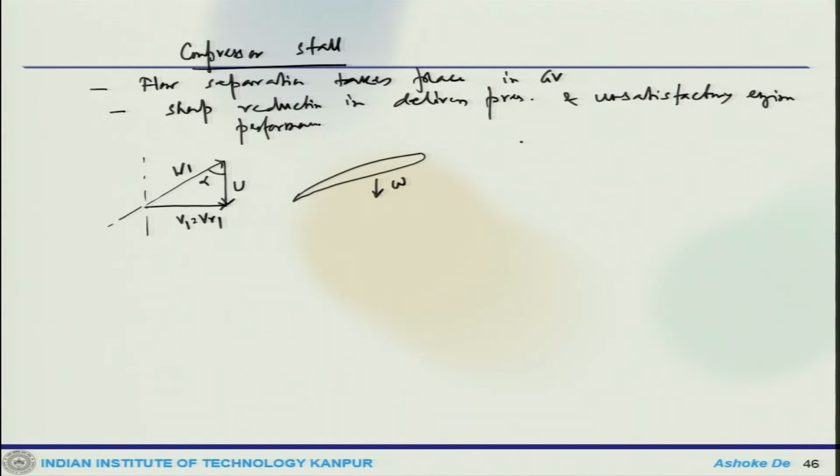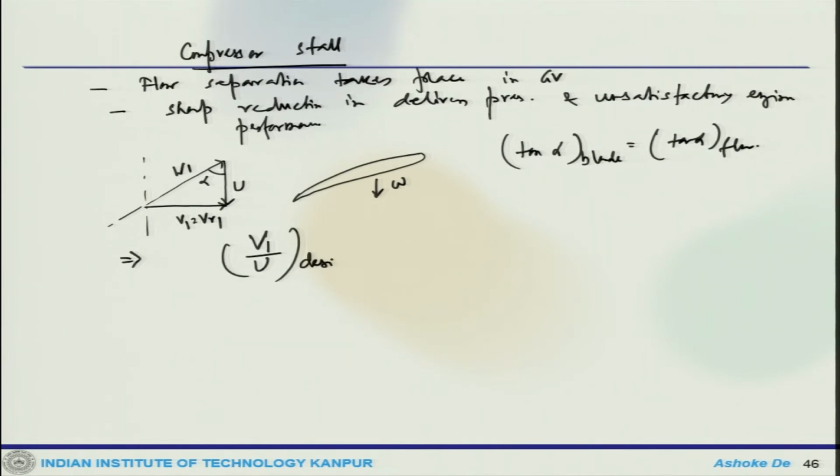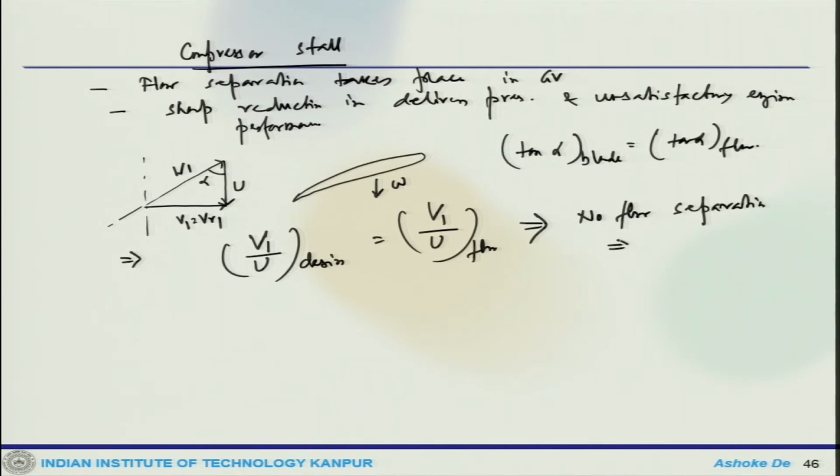So, what it gives is that tan alpha of blade is tan alpha of flow. Which means VR1 by u of design equals VR1 by u of flow. So, there is no flow separation, that means no stall. Okay. So, the same thing is true for the diffuser vane of the compressor.